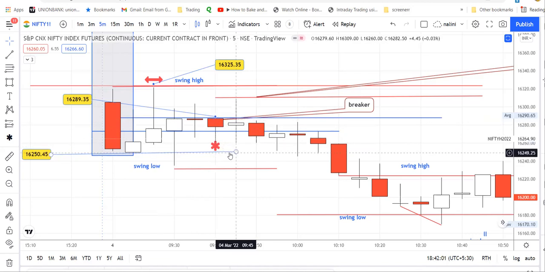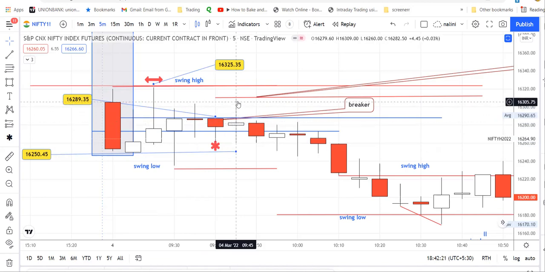and wait for another candle to see where it will go. The next candle is a trap candle. It covered this, engulfed this bearish candle, made a high.